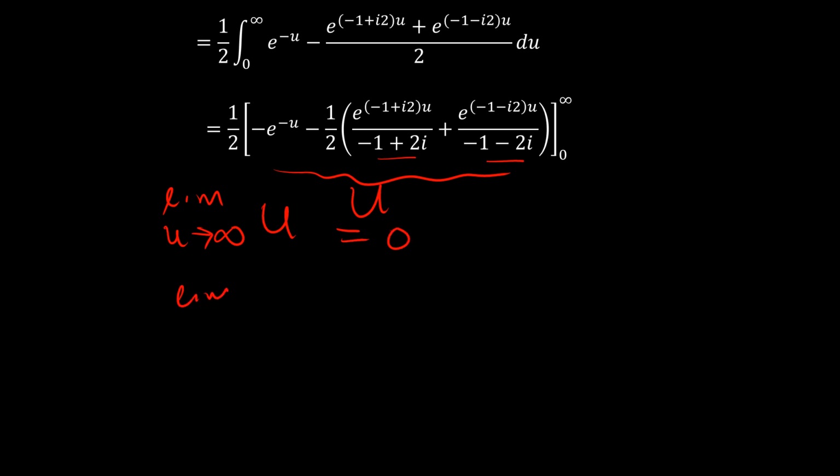Now, as u tends to 0, this becomes negative 1, and since we're subtracting the negative limit, removing the lower limit substituted in, it becomes positive 1, so this part goes to 1, and this part goes to 1.